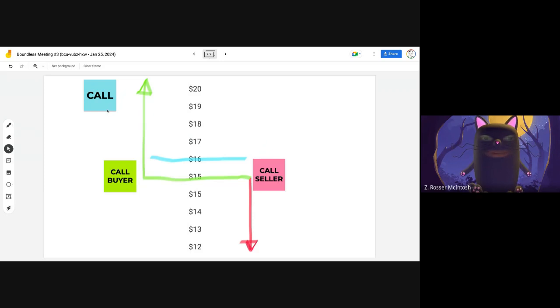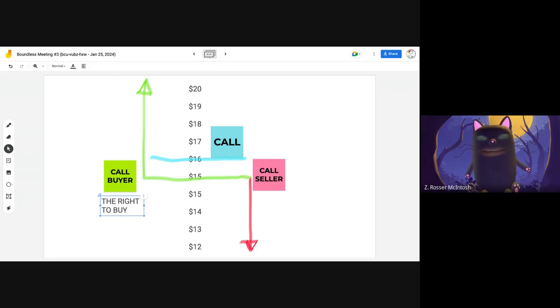The price isn't super relevant here, but we'll say we bought it at the 16 strike. And it's trading for 15 right now. So I have the right to buy stock at 16.